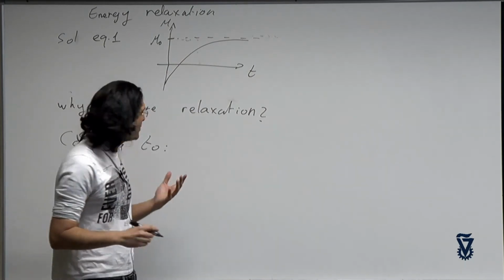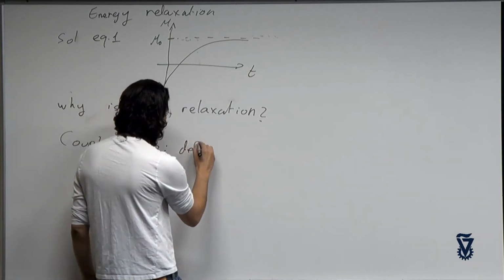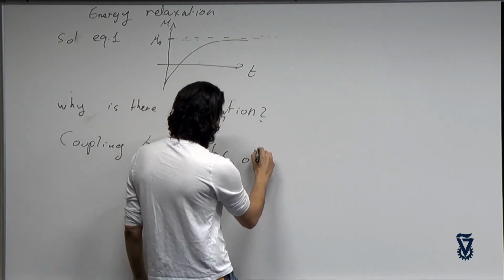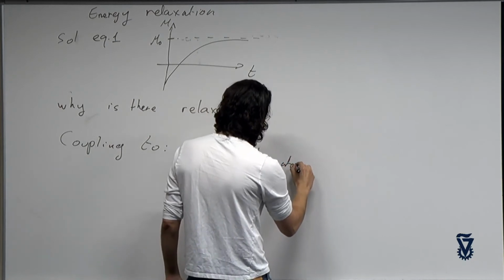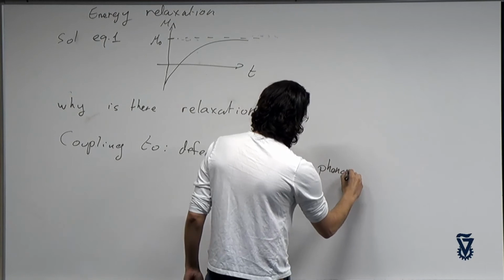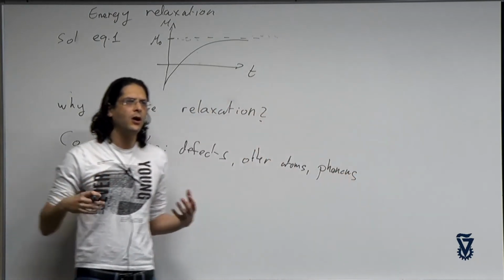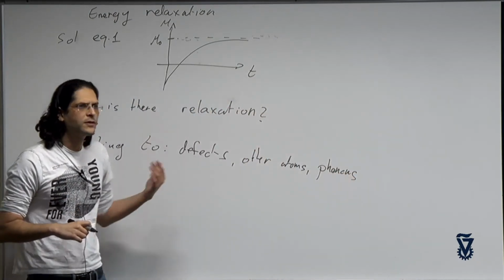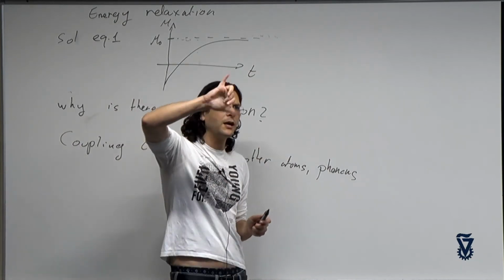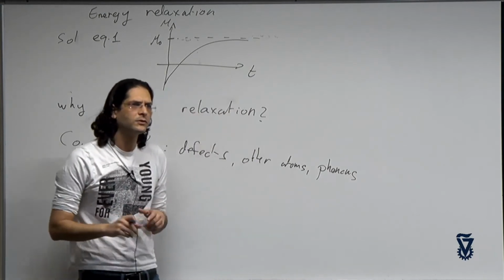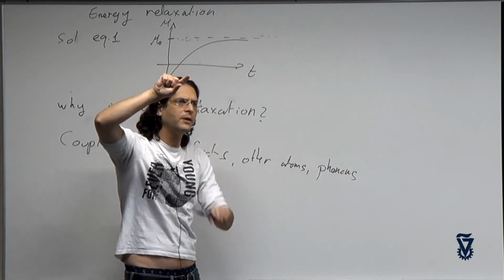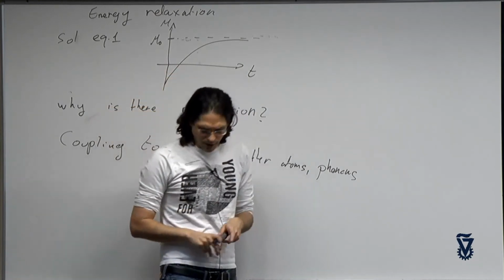And it can be coupling to, for example, defects, other atoms, or phonons. Any excitations that come along and can interact with the spin will give us some moment. Remember the dipole operator that we talked about? So some effective interaction that will give us the off-diagonal elements to cause a transition from 1 to 0.